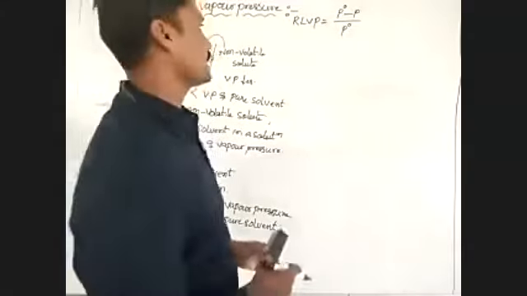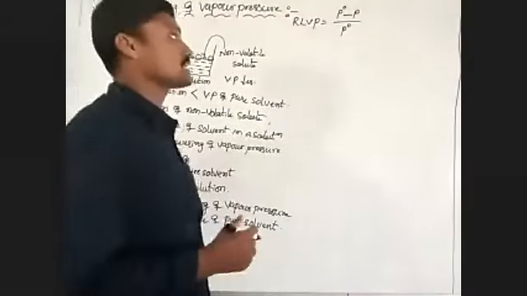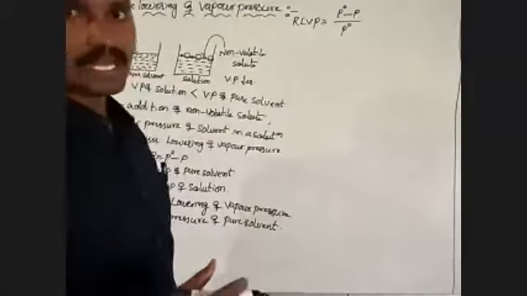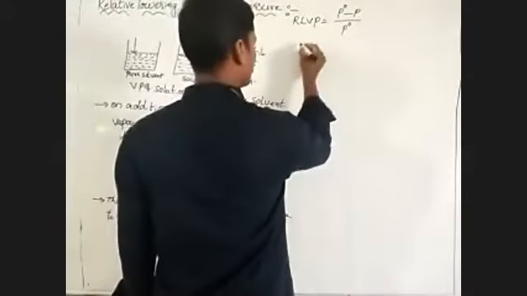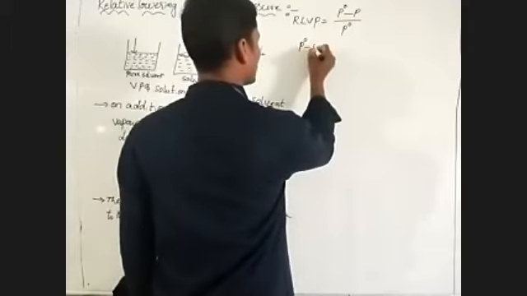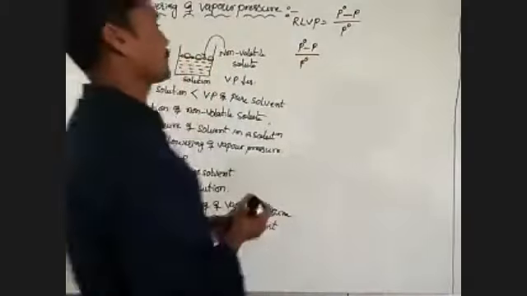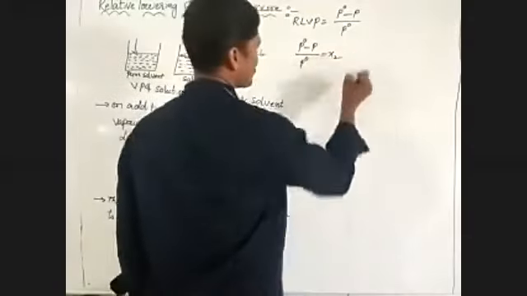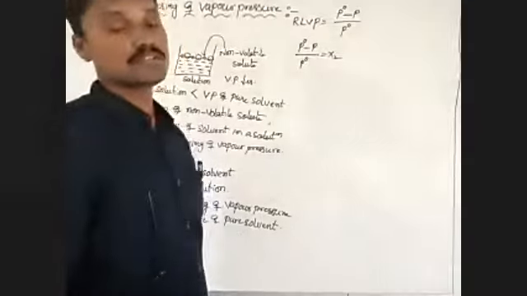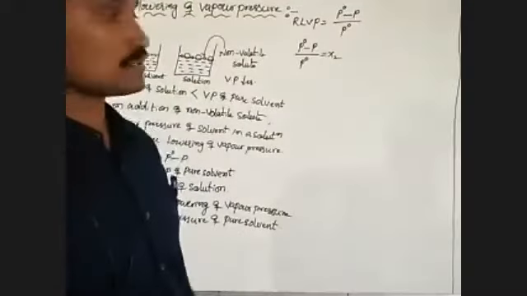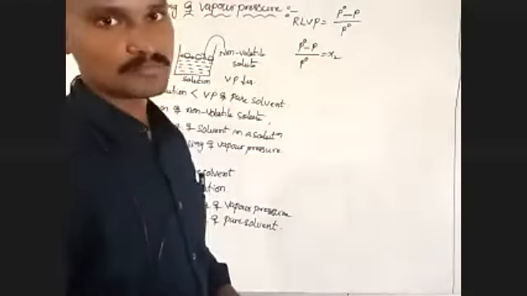According to Raoult's law of the dilute solution containing non-volatile solute, relative lowering of vapor pressure is equal to the mole fraction of the solute. Here P naught minus P by P naught is equal to x2.